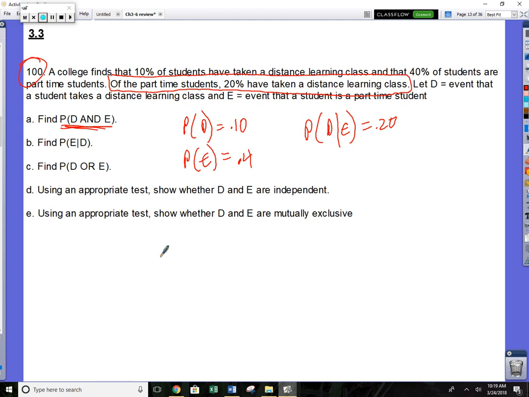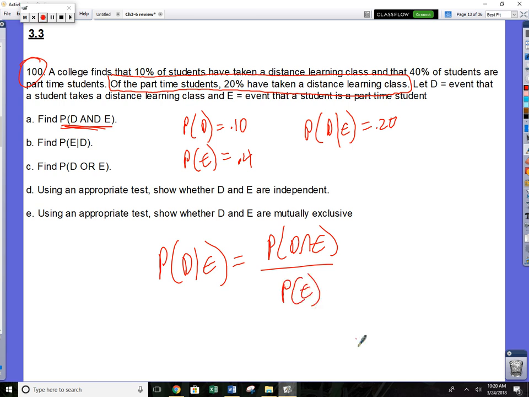The probability of D given that E happens is the same thing as the probability of D intersect E divided by the probability of E. Now check this out. D given E, I know that, is 20%. And I know the probability of E is 40%. And the intersection I do not know.